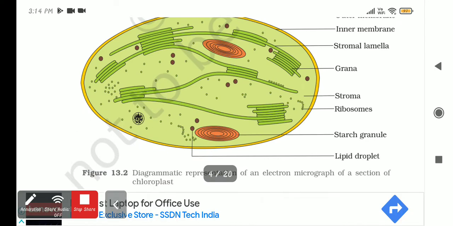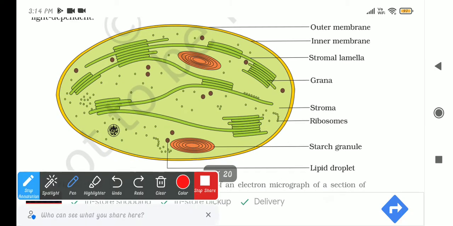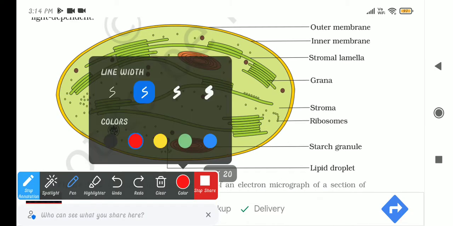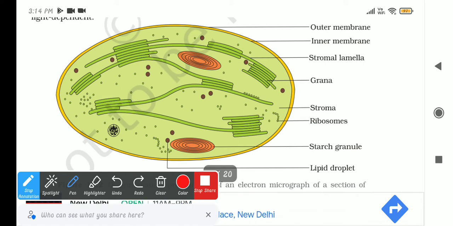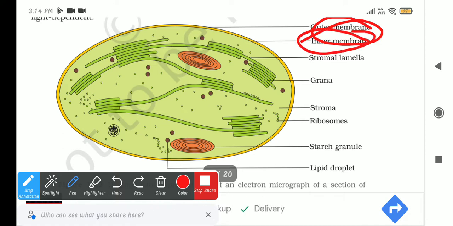Let's talk about this diagram. This diagram will make everything clear. This is the outer membrane. This is the inner membrane. Inner membrane, outer membrane. This is stroma lamellae.